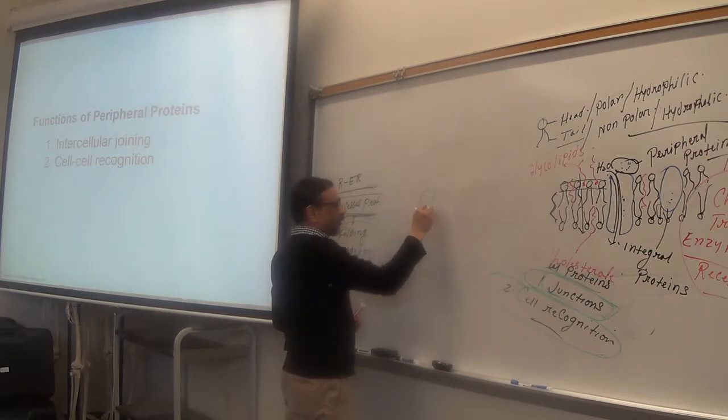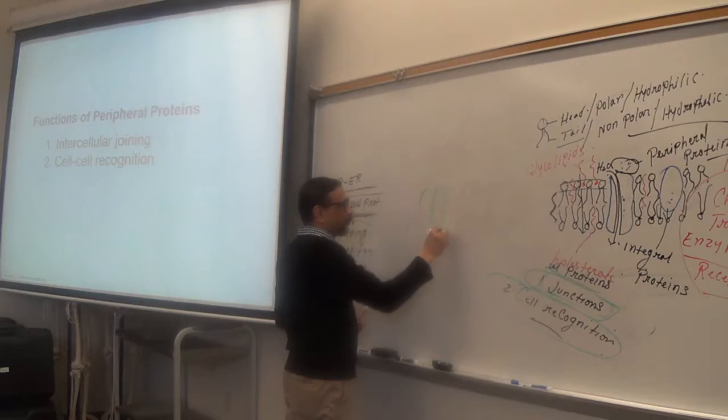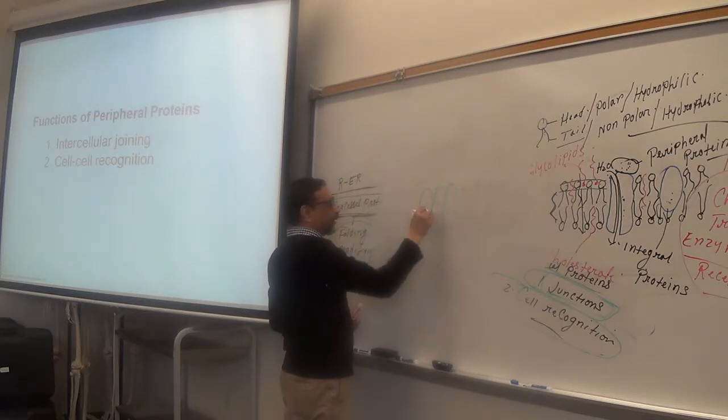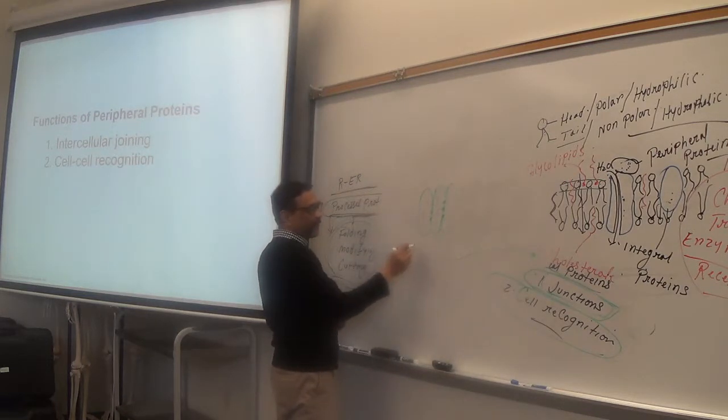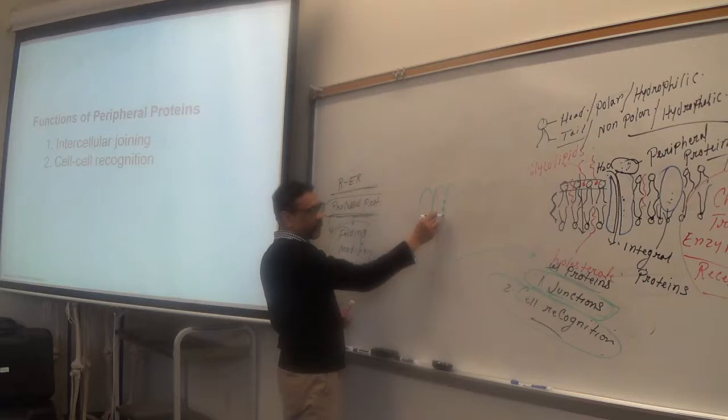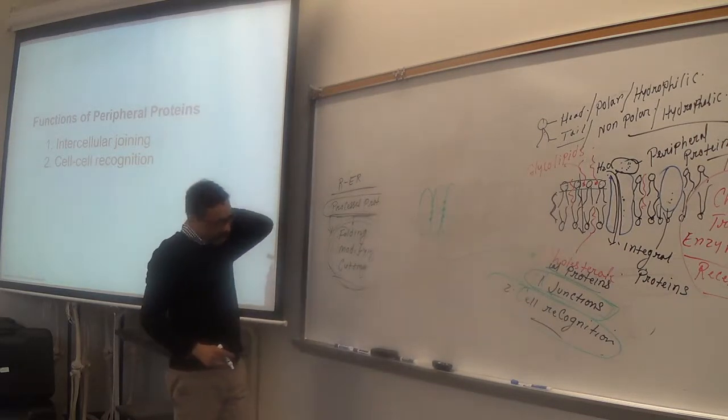What is that? You know, the cells are often attached to each other. So these are three cells, you see, attached to each other by these structures. These are the peripheral proteins that form the junctions. Intercellular junctions. That means the joining between the cells. So that is one function.